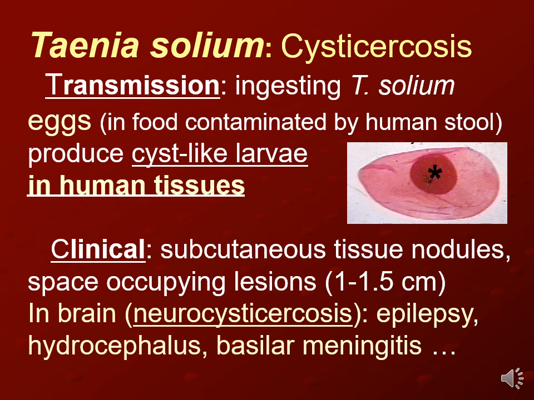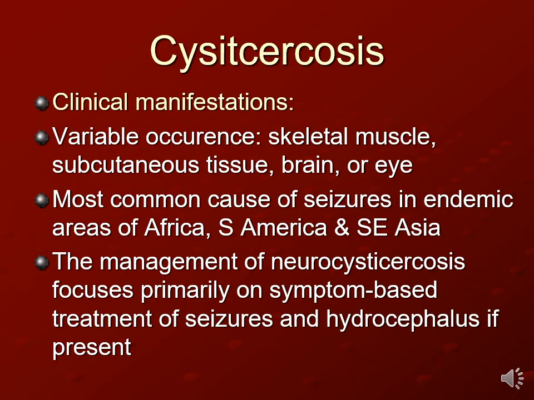And we have development of cyst-like larvae in the tissues of humans, clinically subcutaneous tissue nodules, space-occupying lesions 1 to 1.5 centimeters, and it can occur in the brain, neurocysticercosis, producing epilepsy, hydrocephalus, and basilar meningitis as well.